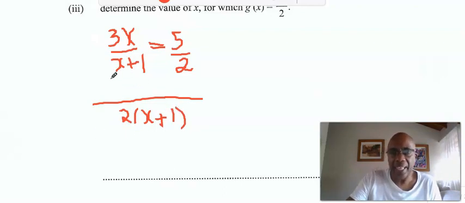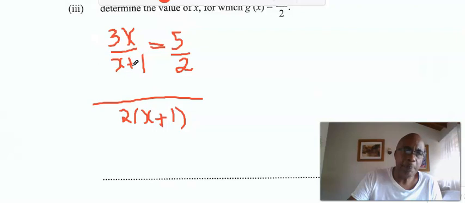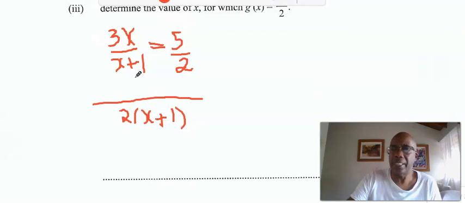So on the left side, I will divide x plus 1 into 2 times x plus 1. I will get 2 because the x plus 1's cancel out. And 2 times 3x is 6x. So the left side becomes 6x over 2 times x plus 1.